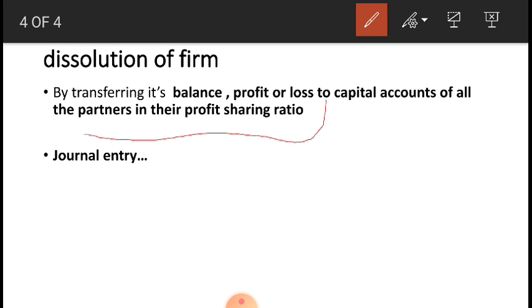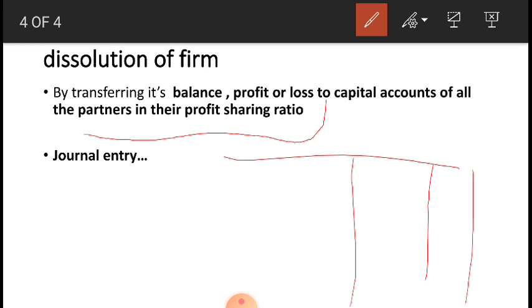I will teach you in the next video how to prepare realization account. The last balance you get, where will you put it? It will be transferred to partners' capital account. In revaluation account we used to do the same: the profit or loss is transferred to partners' capital account. Similarly, here the profit or loss is transferred to capital accounts of all the partners in the profit sharing ratio.